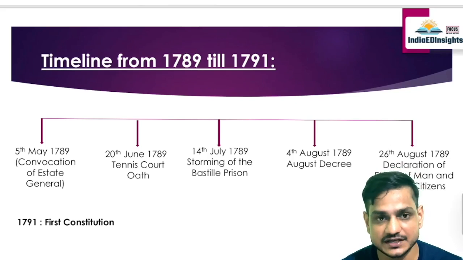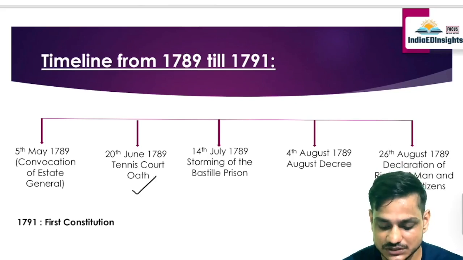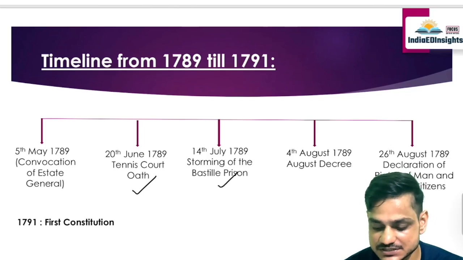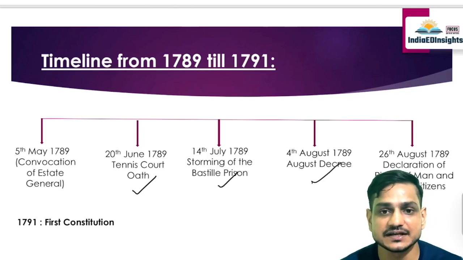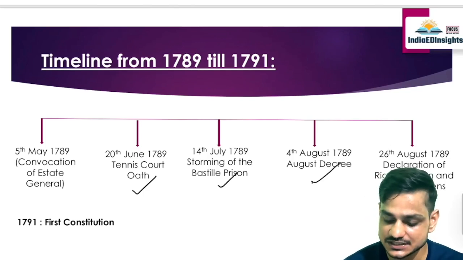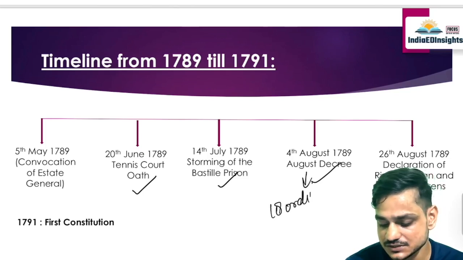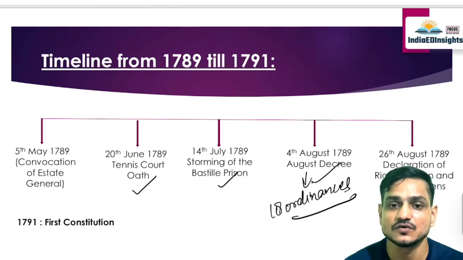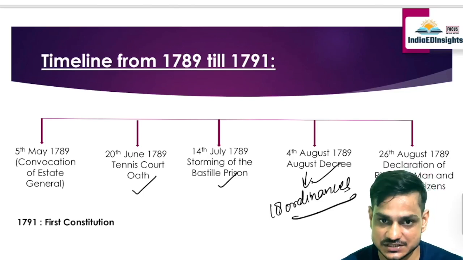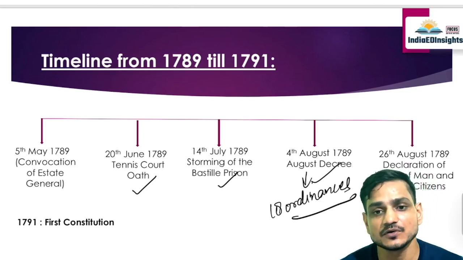On 5th May 1789, the convocation. On 20th June 1789, the Tennis Court Oath took place. On 14th July, the storming of the Bastille prison. Then on 4th August 1789, the August Decrees. On this day, 18 ordinances were passed by the National Assembly itself to satisfy the people of France.